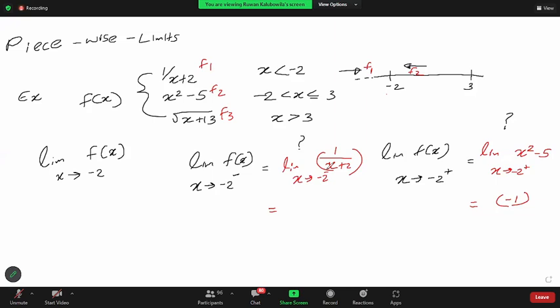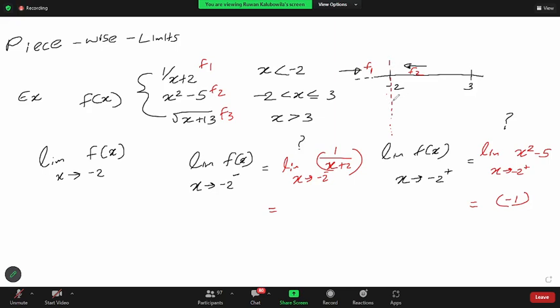We know that negative 2 is an asymptote when considering the f1 function. When I substitute negative 2 here, 1 over 0 means it goes to infinity.